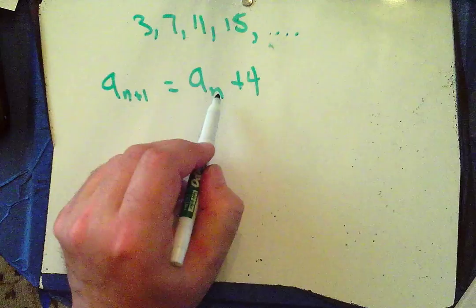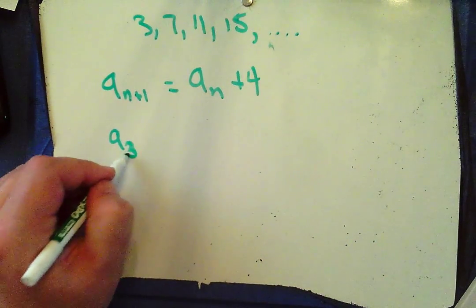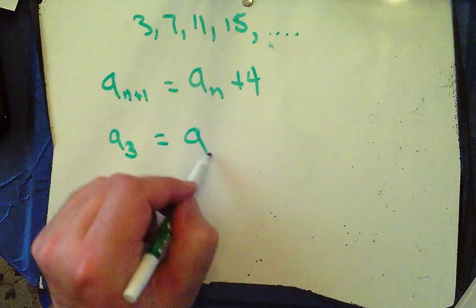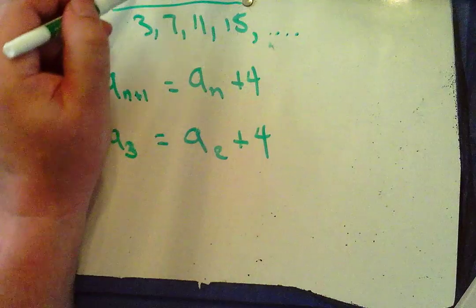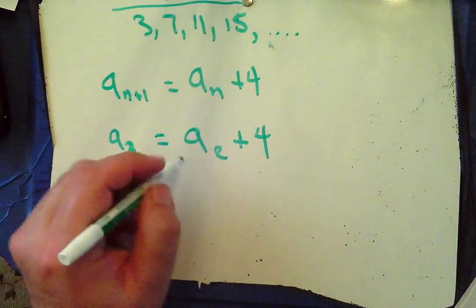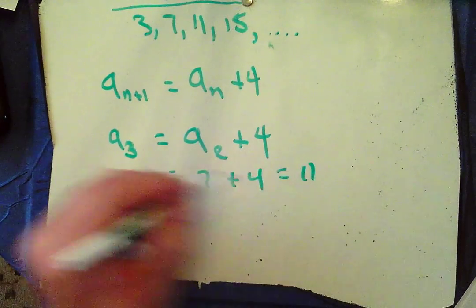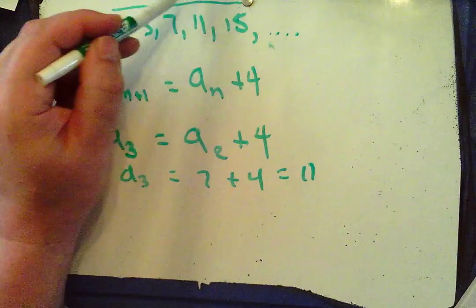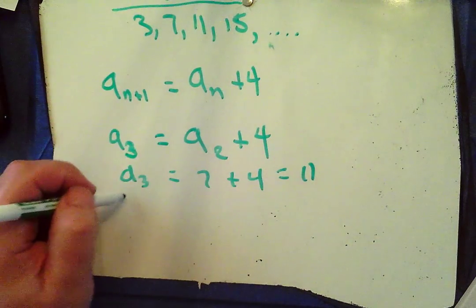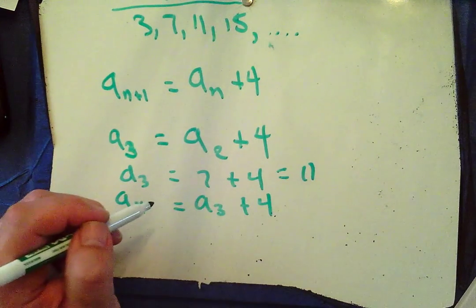Yep, that means if I want to find a sub 3, that's going to be a sub 2 plus 4. Well, a sub 2 was 7, so we would do 7 plus 4 equals 11. And that's a sub 3. And then if I wanted a sub 4, I take a sub 3 and add 4 to it.